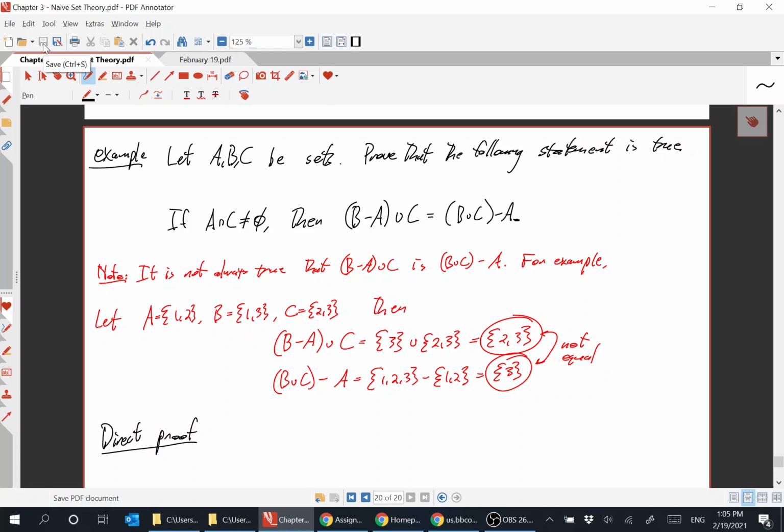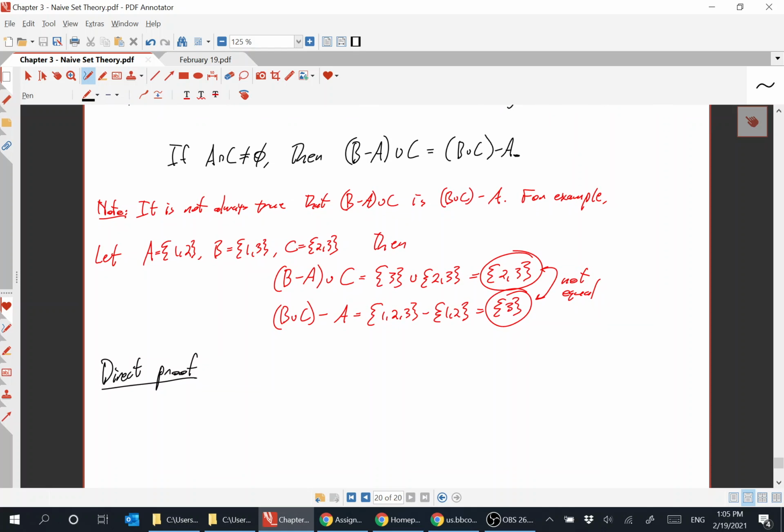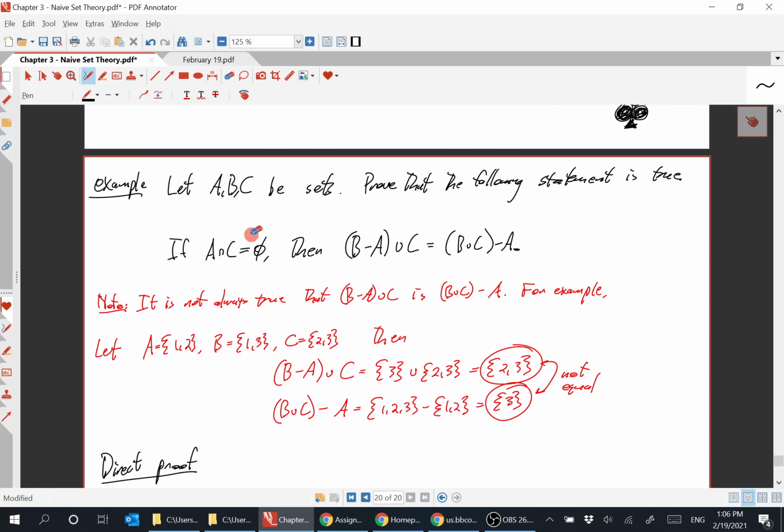So what am I assuming is true? If A intersection C is the empty set. In this example, A intersection C is not the empty set, and you see that. This doesn't work out. Sorry.